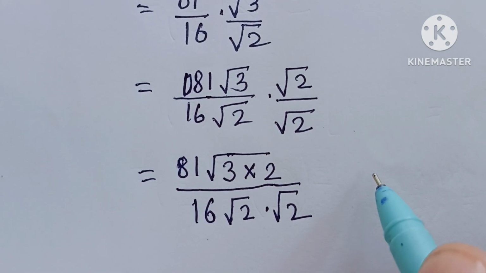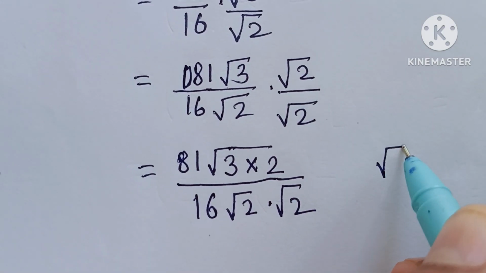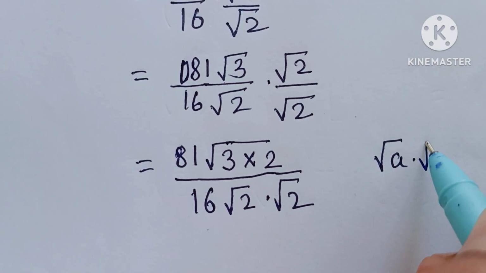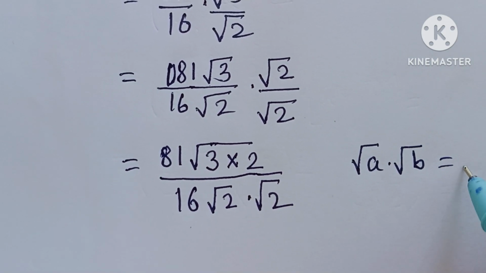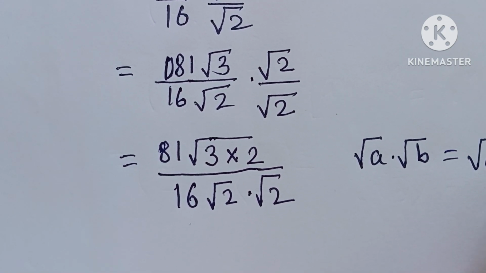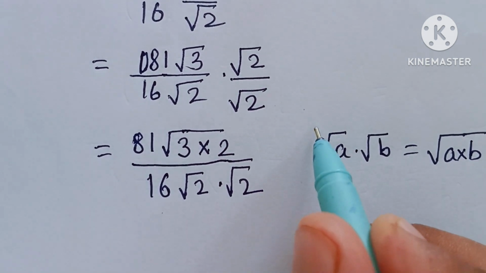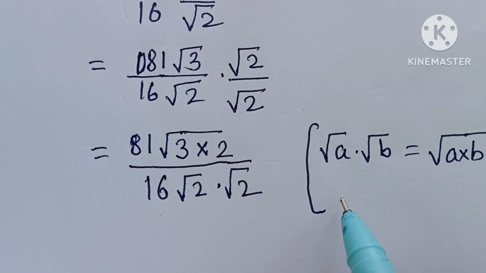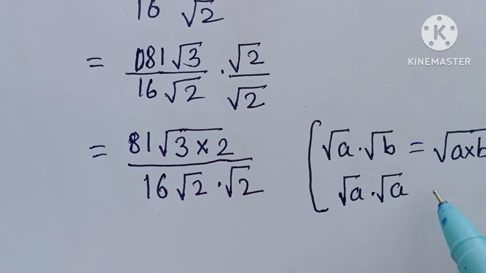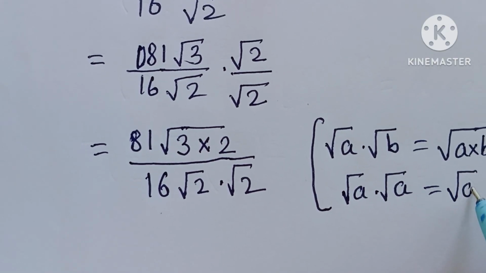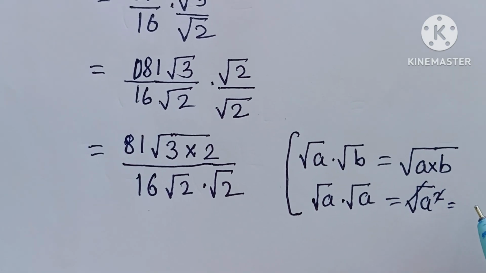So here we can write root a into root b equals root a into b. Now again we can write here root a into root a equals root a square, the square root removes, so here we get only a.